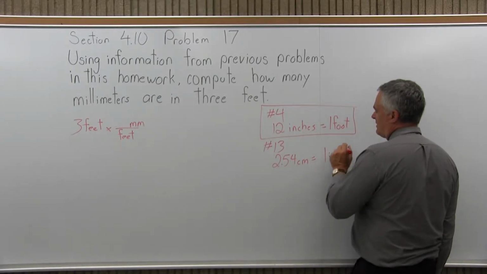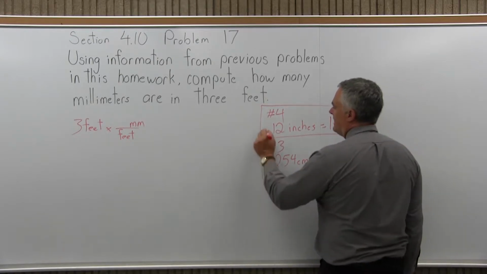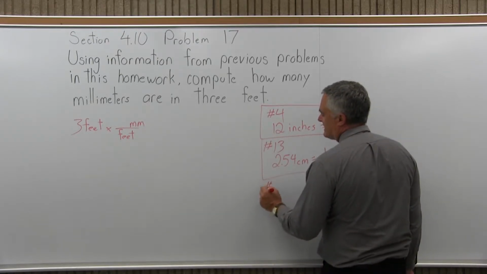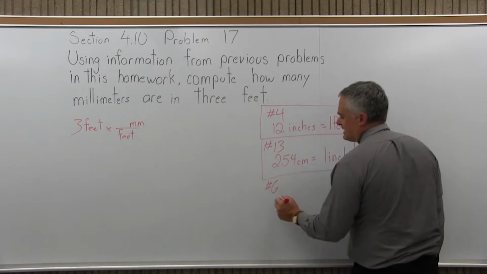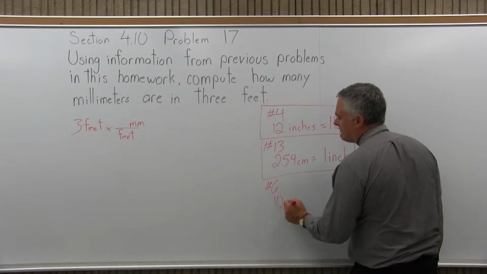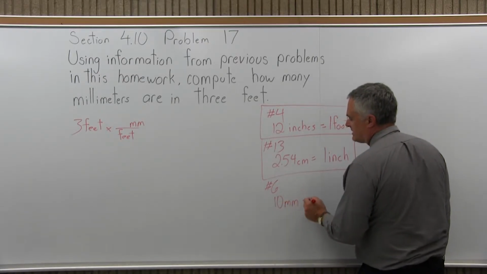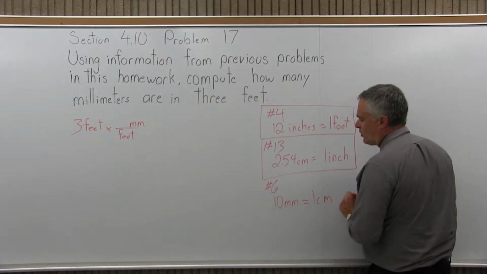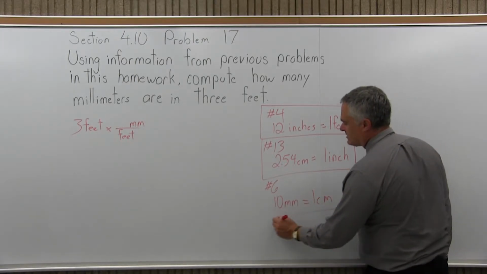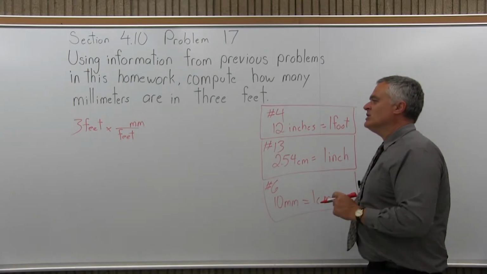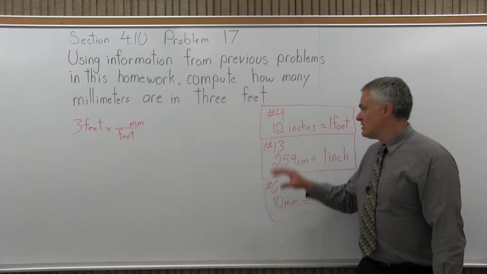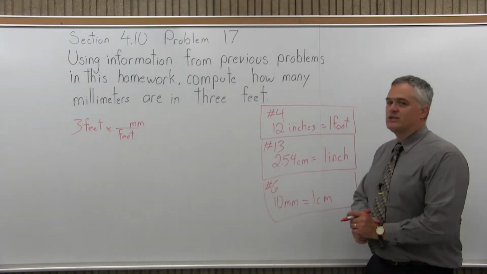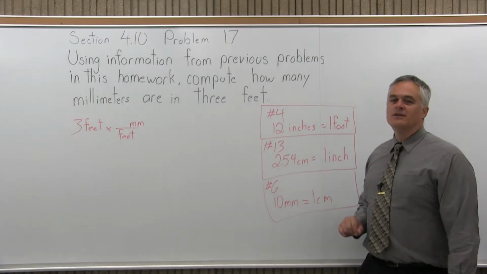I'll write it inch. And in problem number 6, it also says that 10 millimeters, I'm going to use mm as a standard abbreviation, is equal to 1 centimeter. Again, cm for centimeter is a standard abbreviation. So this is some of the previous information, other homework problems in this section that we're going to use to go from feet to millimeters.